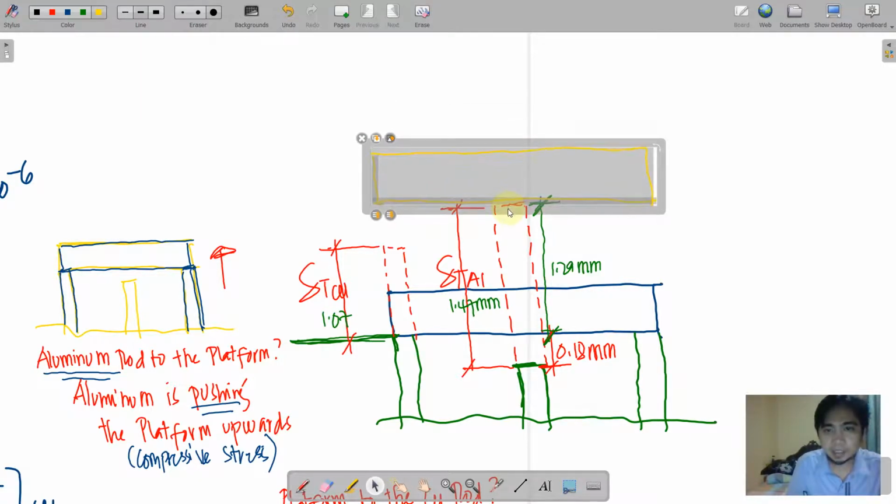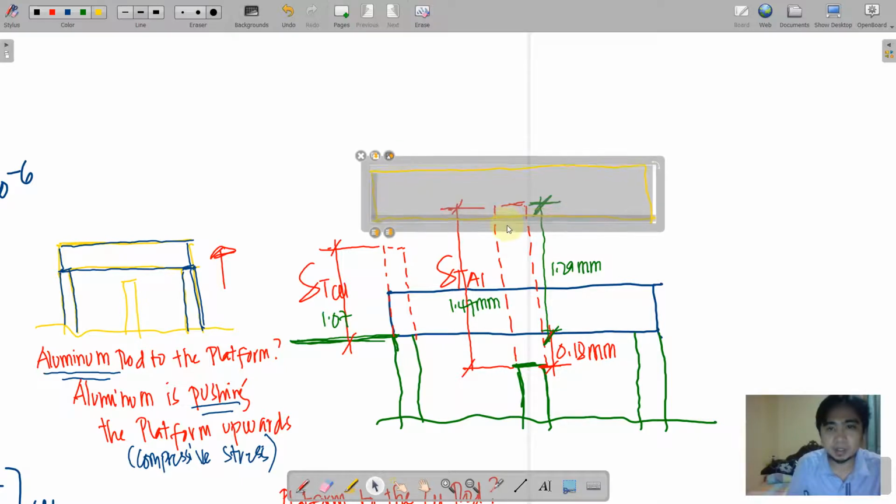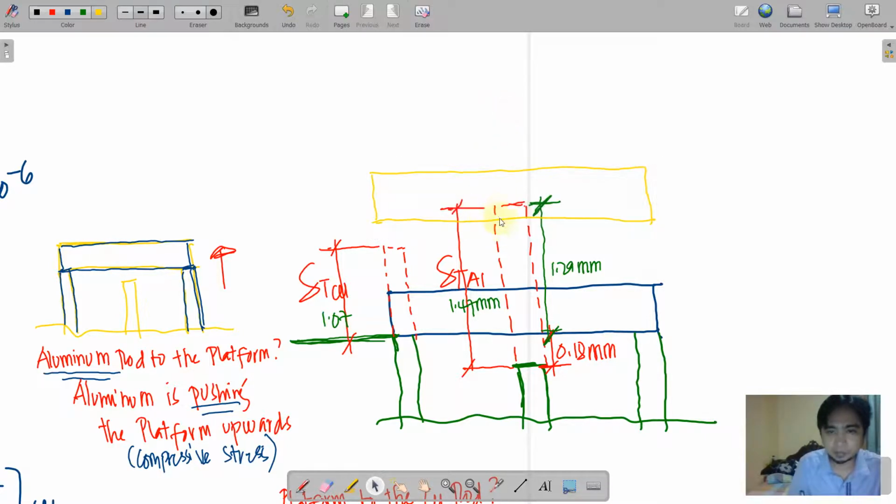So it is not exactly at the level of the aluminum, but the aluminum will come into the rod, and this inserted portion that is bounded by this platform, let me shade that one.